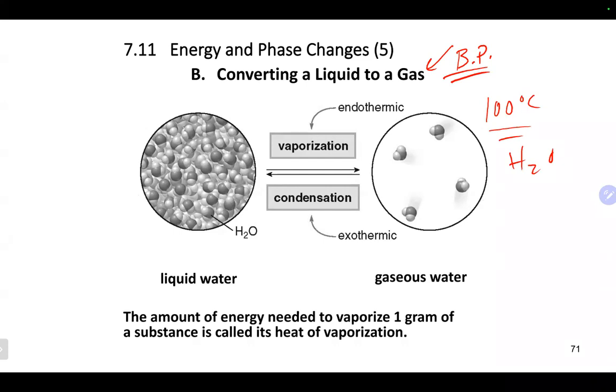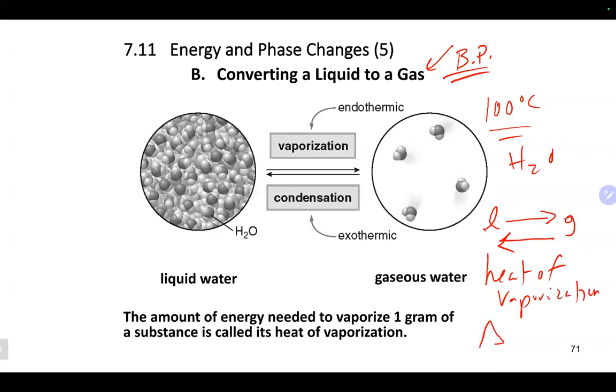Not until you get a little above 100 do you have your gas, and not until you're a little below that do you have your liquid. There is a certain amount of energy simply to do that transition, not change the temperature, and that is known as the heat of vaporization, sometimes abbreviated as delta H of vaporization. For water, it is roughly about 2260 joules per gram.